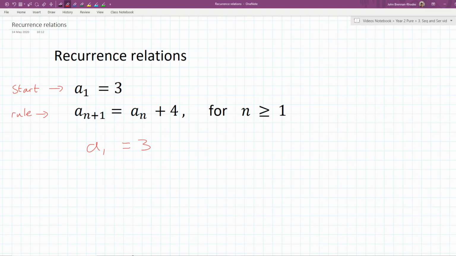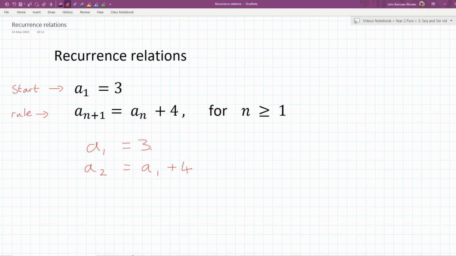So if you imagine putting n as 1 in here, this would say that a1 plus 1, so a2, is equal to a1 plus 4. So just look at that again. If I put n as 1 in here, an is a1, and an plus 1 is a2.